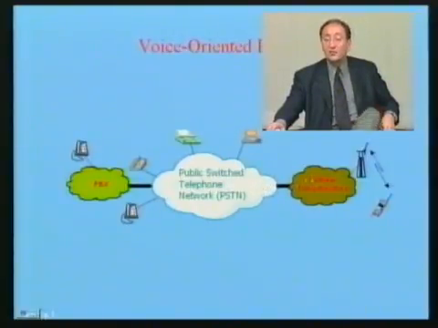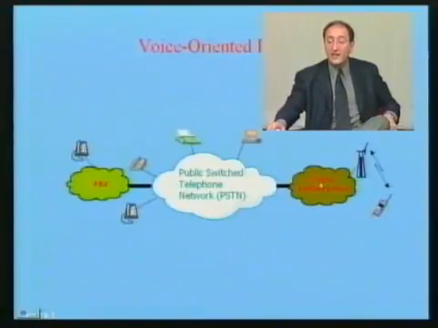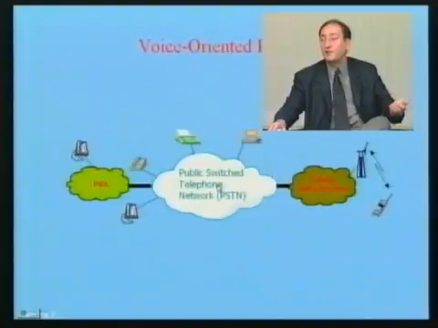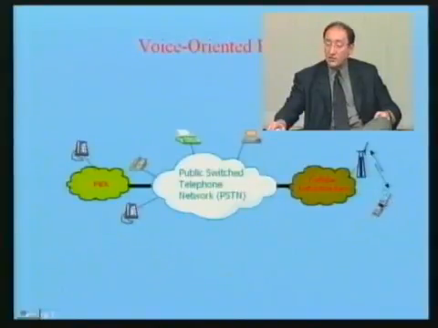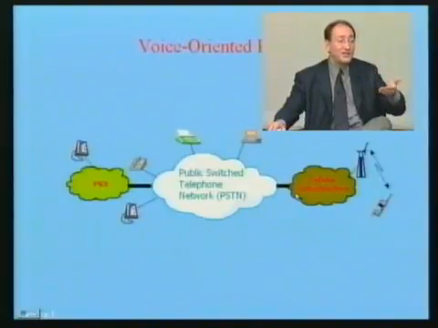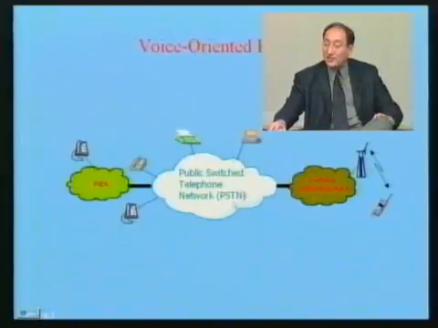Why do they need their own switches? Because the switches in the public switch telephone network do not support mobility. In wireless applications, you have a telephone which is connected here today and in another place tomorrow. So the switch has to be mobility aware. The existing switches don't work, so they add mobility-aware switches.